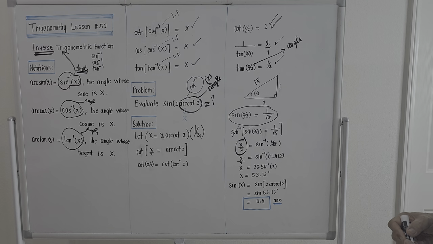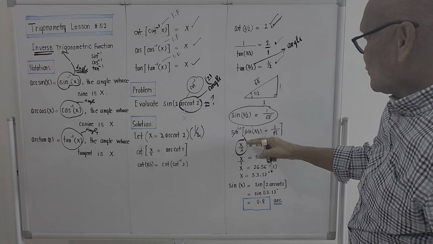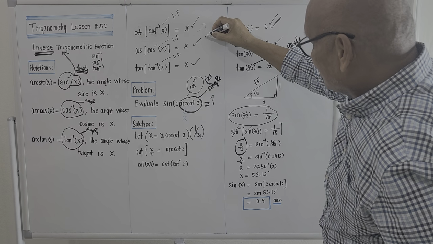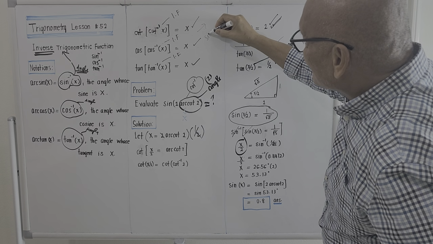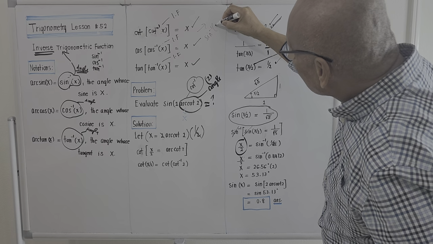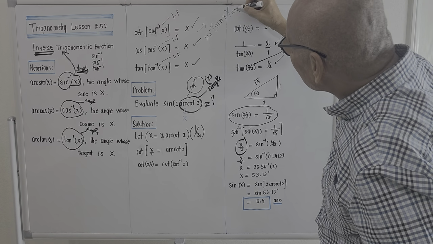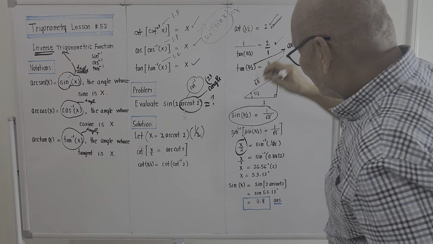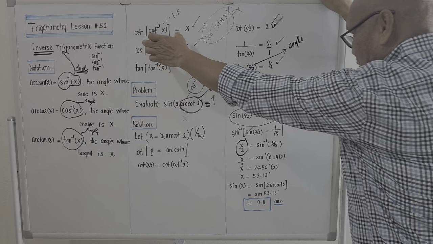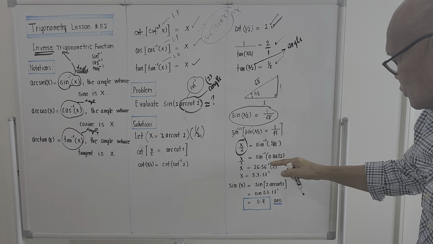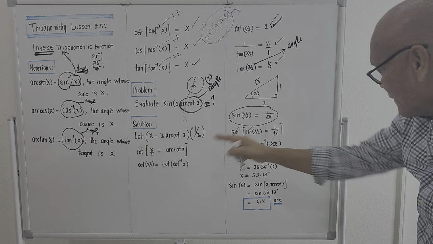You got it, guys? This one here emanates from this: sine to the minus 1 of sine of x will be equal to x. It's just the reverse of this one. So this will become x over 2 on the left hand side.